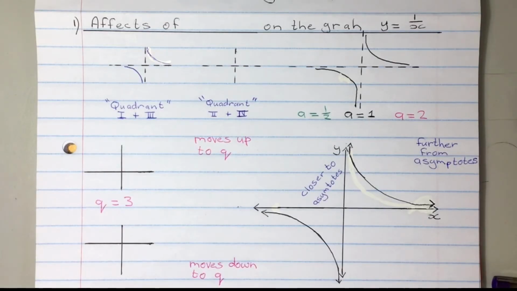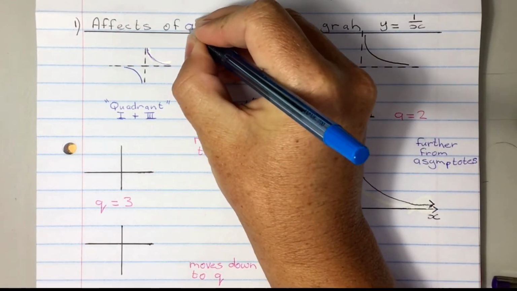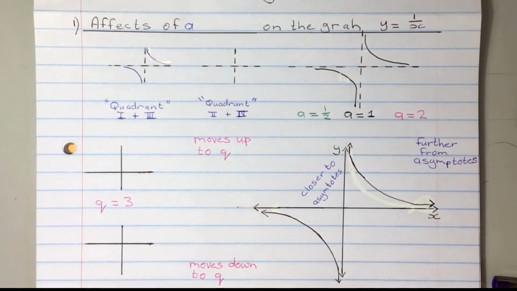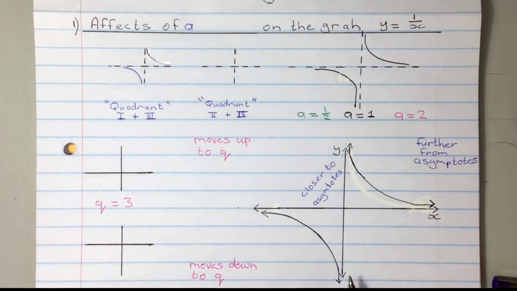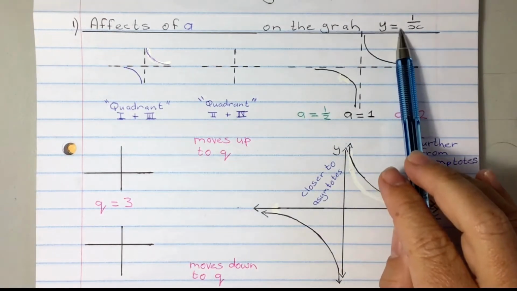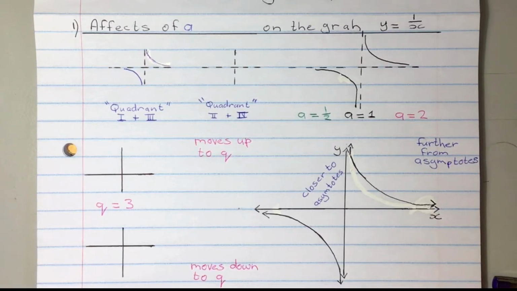Now let's take down some notes on the effects of these variables. So let's start with our variable A and its effects. So over here we have our hyperbola, and it is currently y is equal to 1 over x, which is in its original setting.